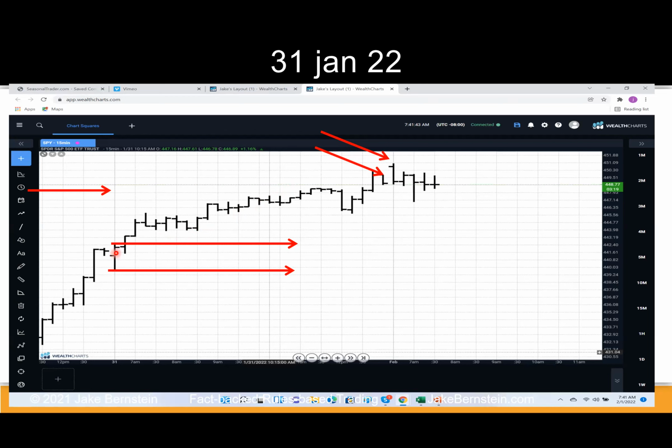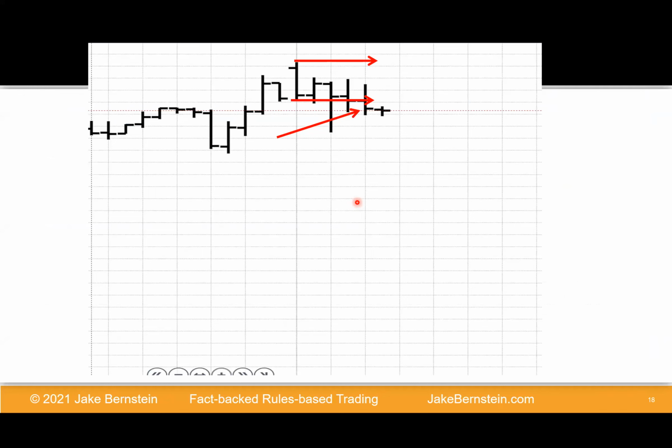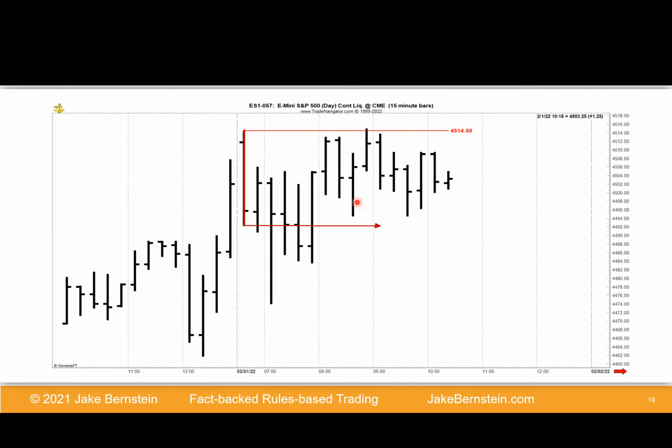First 15 minutes, buy trigger, first target, second target, end of day. Another day. Early in the day, setup, trigger. Here's another day. Setup, trigger, and look what happens. It doesn't hit the target.